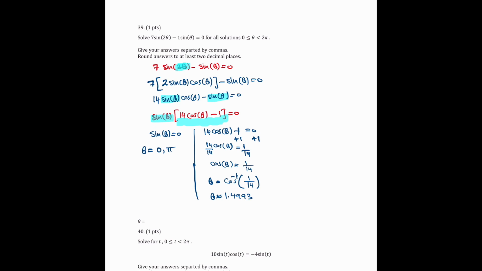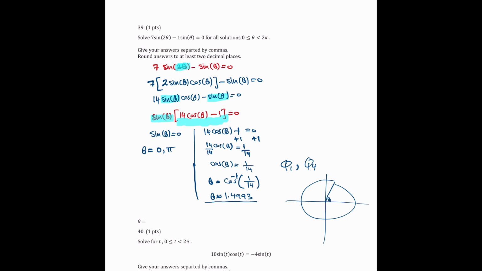Notice how cosine is positive in the first quadrant and in the fourth quadrant. So this angle happens to be in the first quadrant. I'm going to try to find the angle that is in the fourth quadrant. So it's approximately here. This is the first angle, theta.